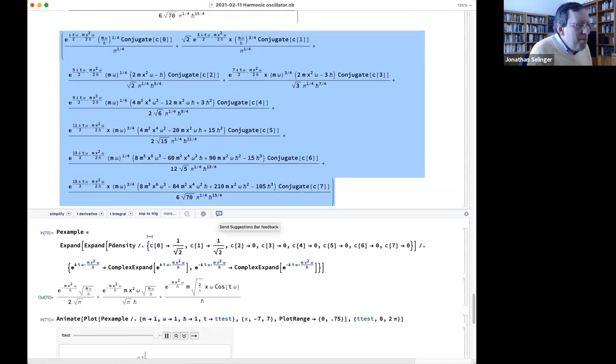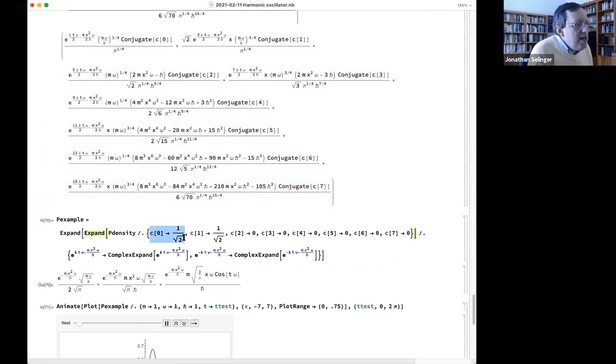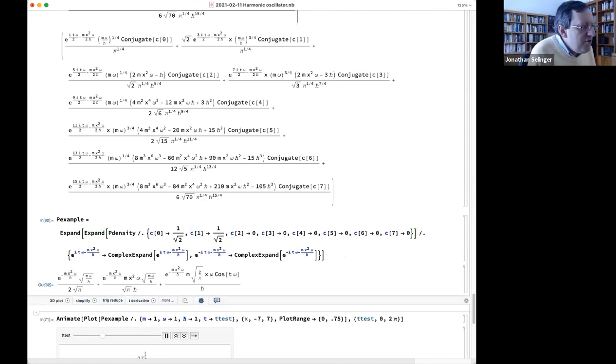Here I'll make an example where C0 is 1 over root 2 and C1 is 1 over root 2 and all the others are 0. So this is a combination with equal parts of state 0 and state 1, right? And if I put that into the code and simplify, I get these terms.